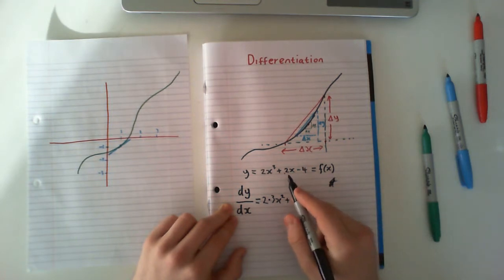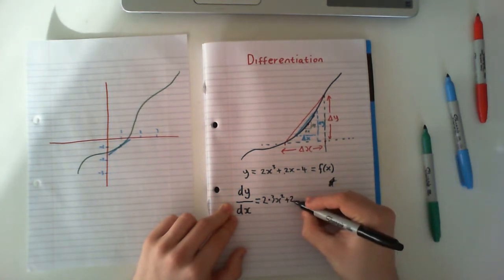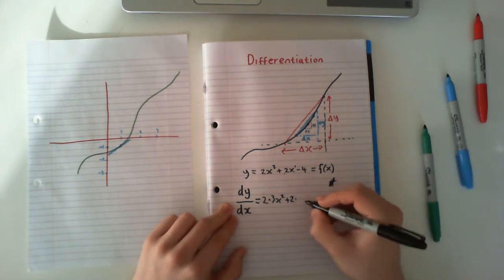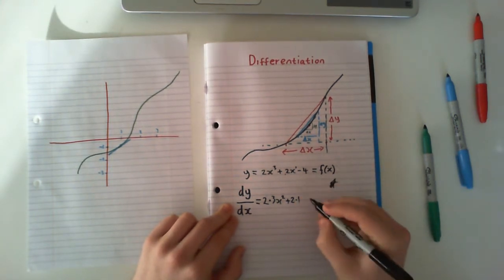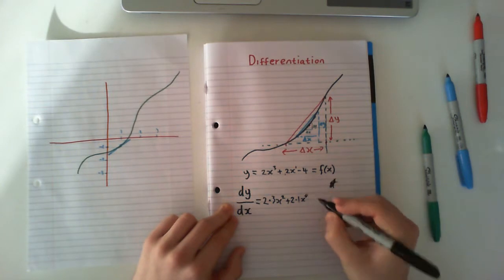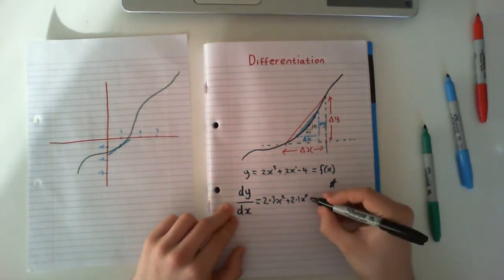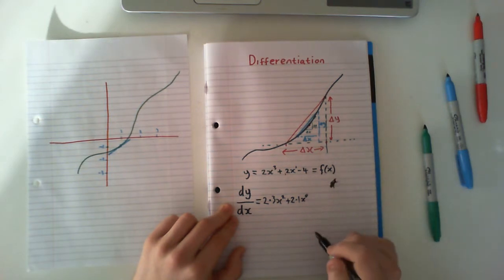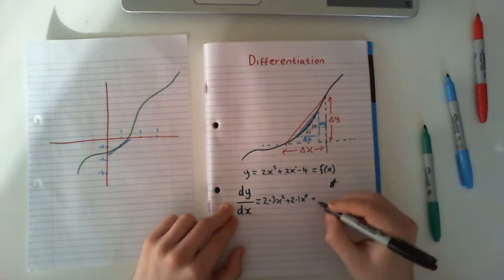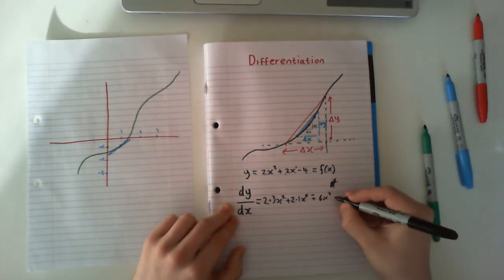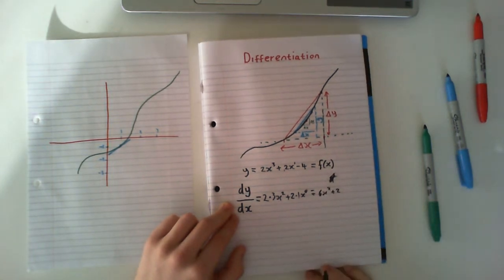So for the next one, we have our 2. This is effectively x to the 1. So this goes by 1. But our x is x to the 0 now, which we know is 1. And there's no x term on our 4, so our 4 just disappears. Then we could write this out to be equal to 6x squared plus 2.